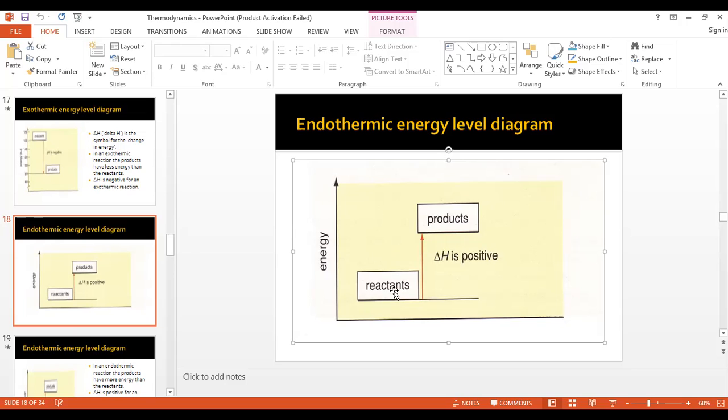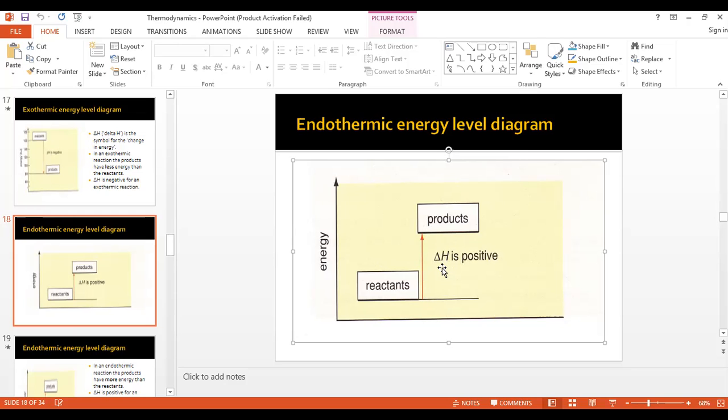If this diagram is given, how do you know? From the arrow. See this arrow, from reactant to product. Good.